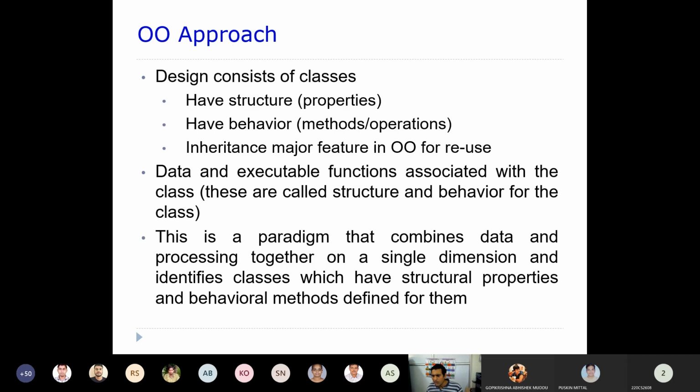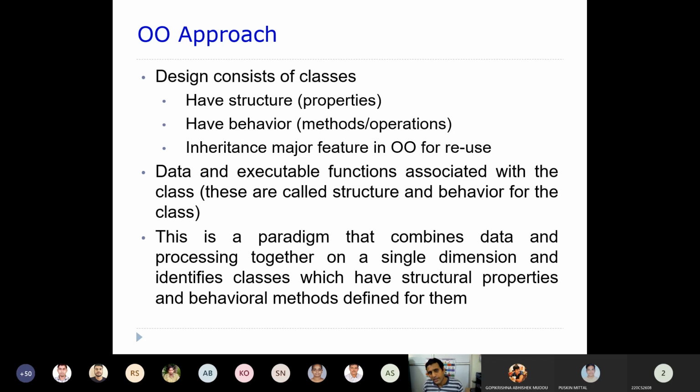Now there is the object oriented approach. In the function oriented approach, the classical, traditional or conventional method, you have different functions and these functions call each other by passing some data.